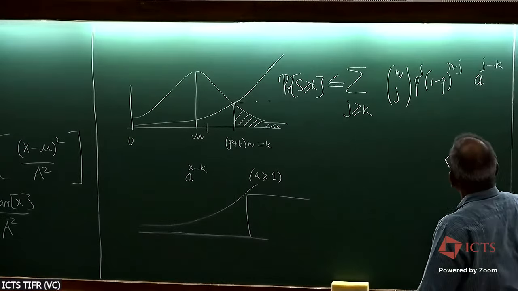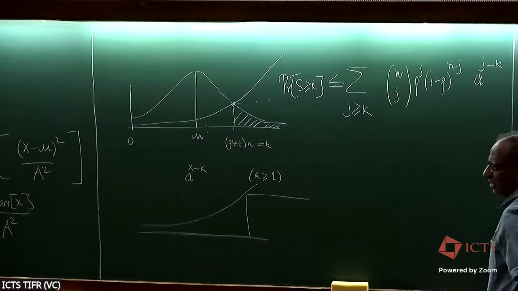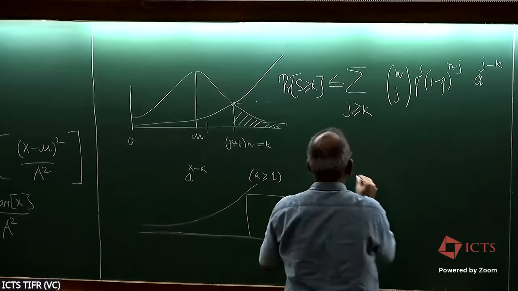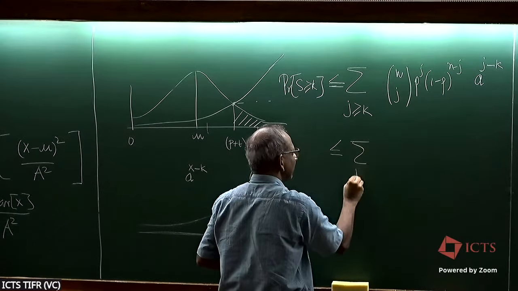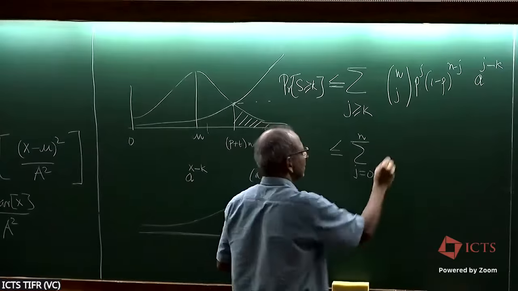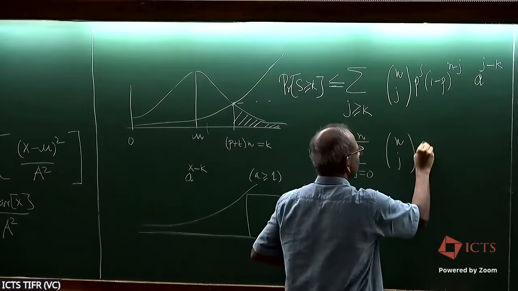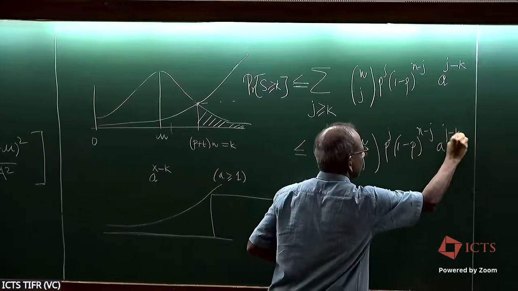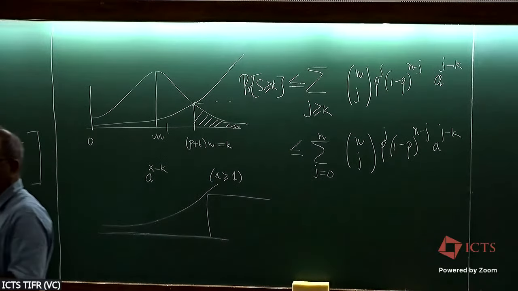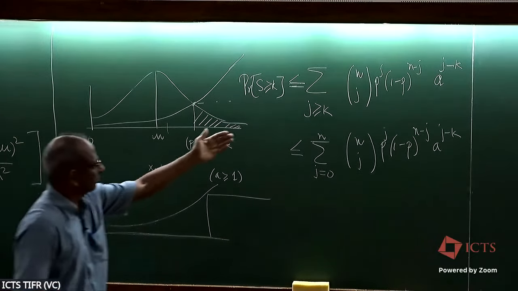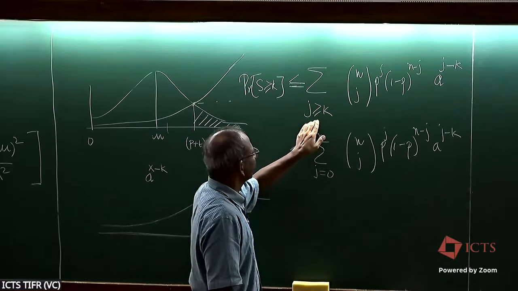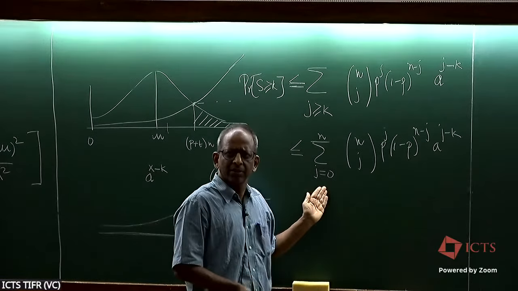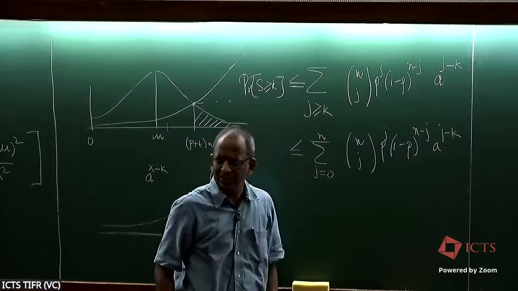But the moment I see this form of the equation, I say, I don't know how to sum this, but let me just bound it by summing from 0 to n. All terms are non-negative, and this was summing from j equals k to n. Now I'm summing from 0 to n. So obviously, there's no problem.